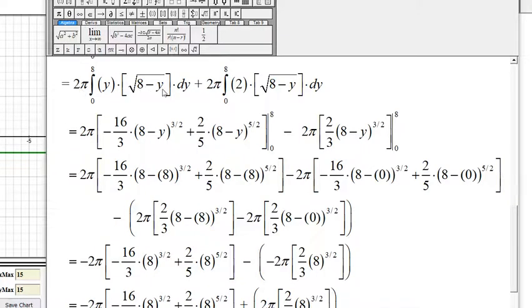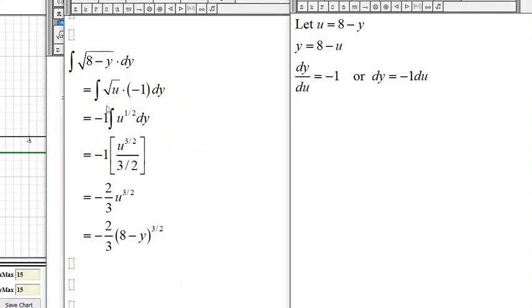And so now we have this integral is this. That's what we just found. And then we'll evaluate from 0 to 8. And now let's do this integral, the integral of the square root of 8 minus y. To do the integral of the square root of 8 minus y, we'll also use the u-substitution method.